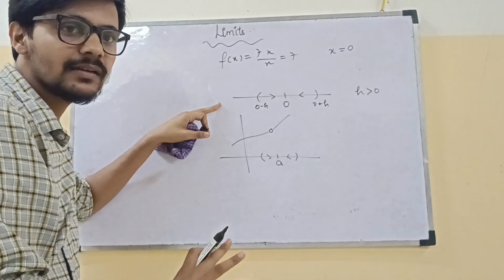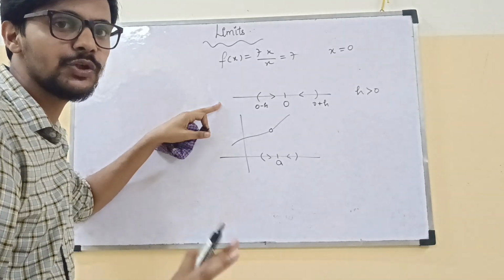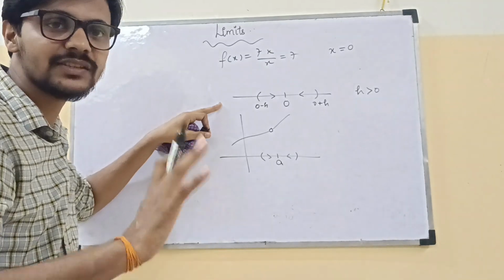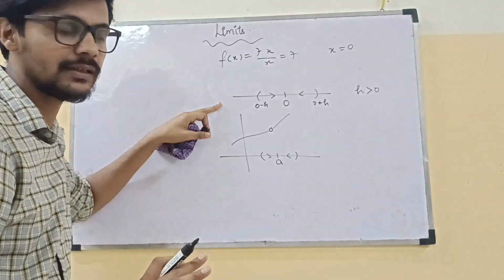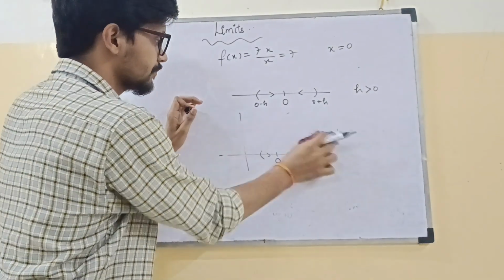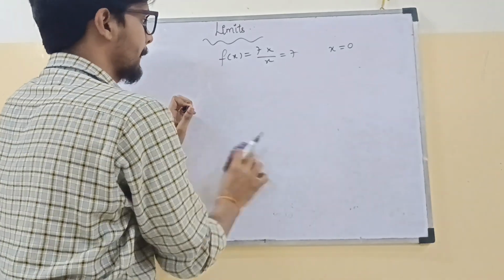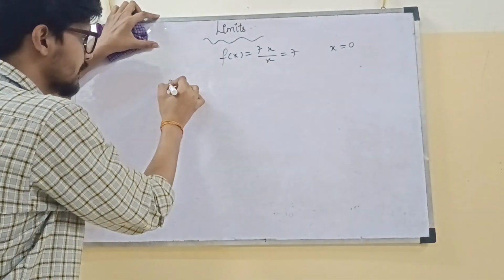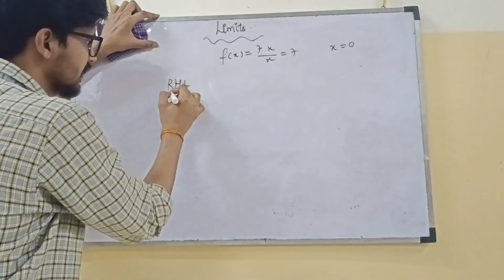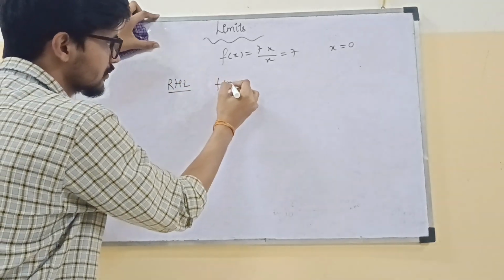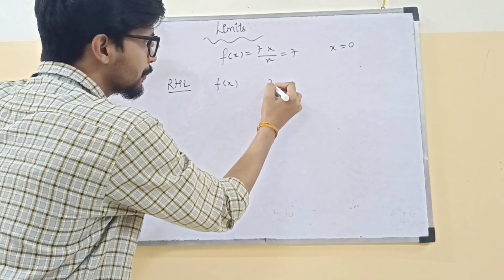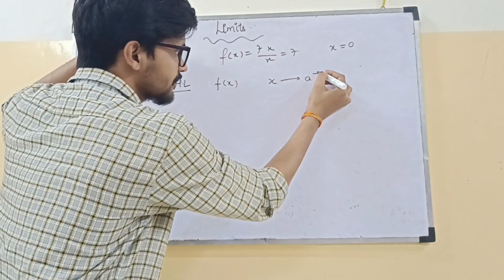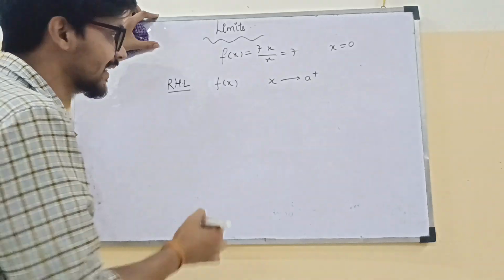Now to do this, we have a few terminologies that we use, right? One of them is called RHL, another one is called LHL, that we need to understand, right? See, RHL means the value of the function when you are approaching towards the given point from the right.